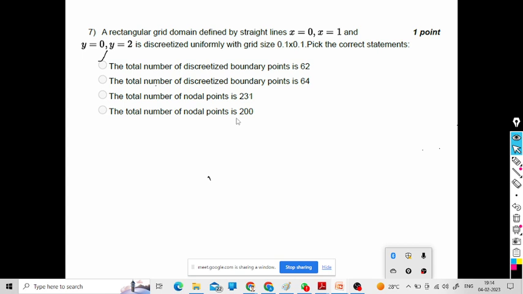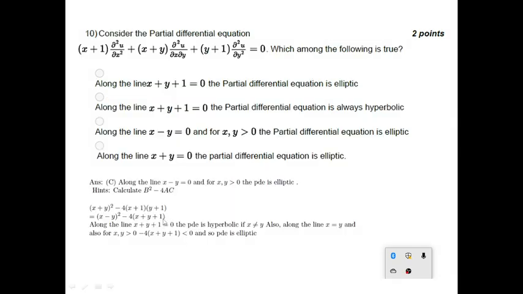You will get x minus y is equals to 0 and x comma y greater than 0, so the PDE will represent elliptic. How? Here, we calculate x plus y whole square minus 4 into a into c. After evaluating this, you will get x minus y whole square minus 4 into x plus y plus 1. Just simplify this first term, you will get this. Okay, proceed till here.